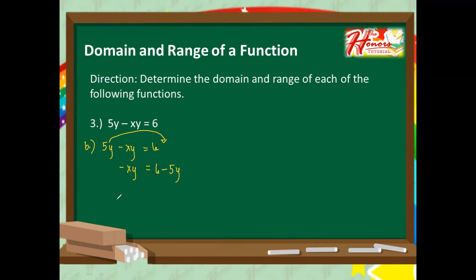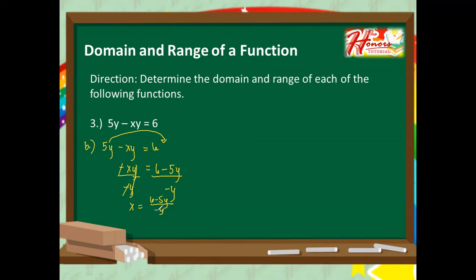And in order for us to have x only at the left side of the equation, we should divide both sides by negative y. Cancel this and cancel the signs. So we have here negative y. So therefore, x is equal to 6 minus 5y over negative y.